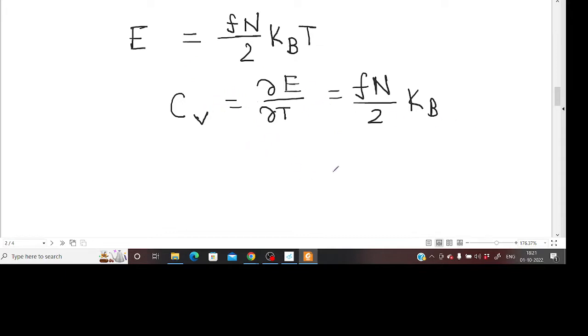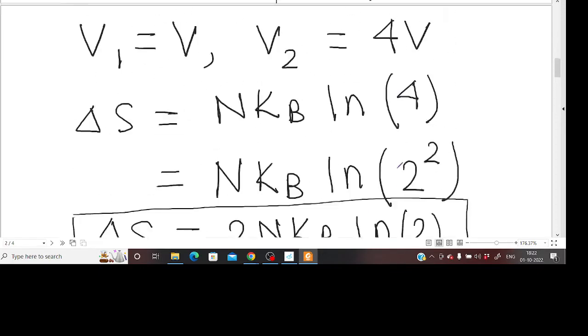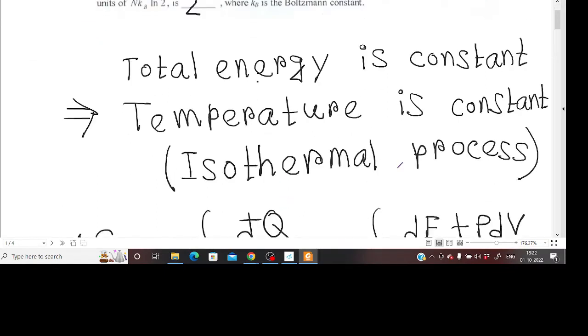In our problem, it is important to remember that E is proportional to T. This holds only for an ideal gas. So here the total energy is constant. It means the temperature is also constant because temperature is proportional to total energy. So the temperature is constant, which means the process is isothermal.